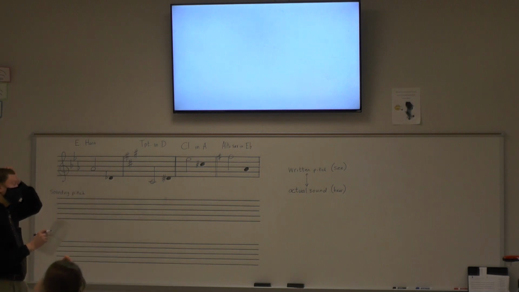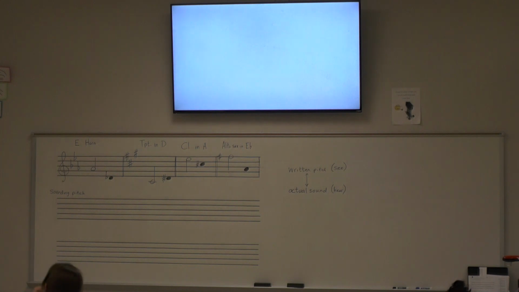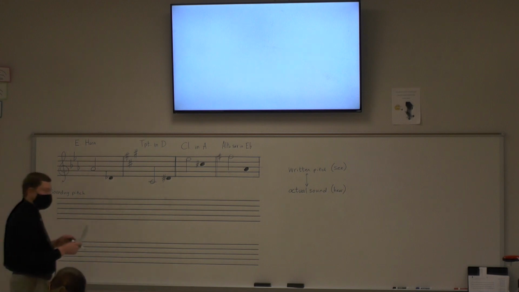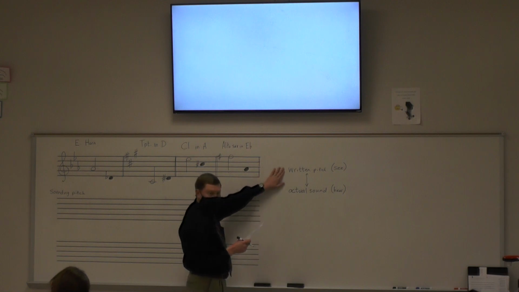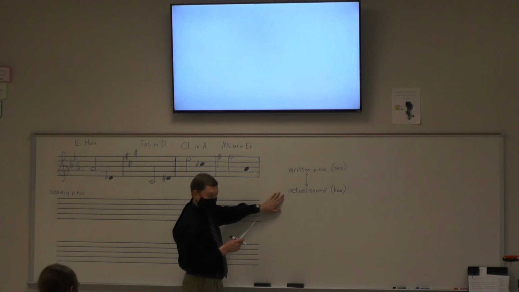All right, now today, what we're going to do is the reverse. In other words, we're going to start with an actual sound. And we will need to then determine what notes would need to be written for a transposing instrument to produce that actual sound. And again, in 6 out of 7 cases, the written pitch is always higher than the actual sound.